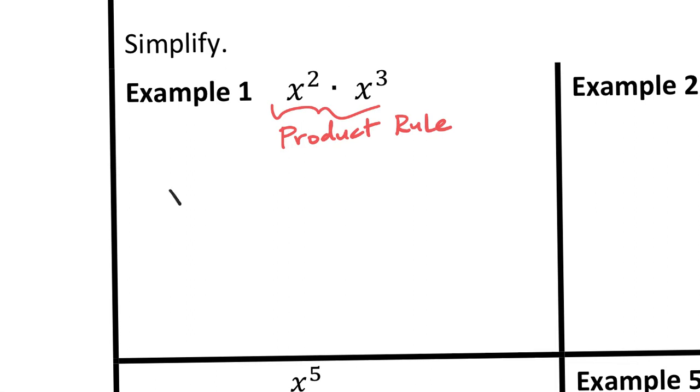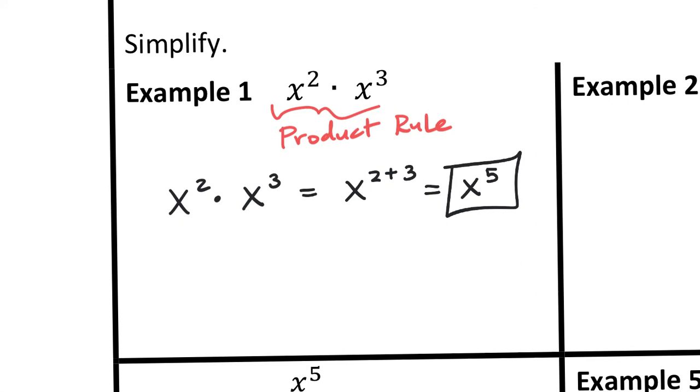And what happens in a product rule is they have the same base, they both have an x, and so they would combine under one base, and you would add their exponents, so you get x to the fifth.